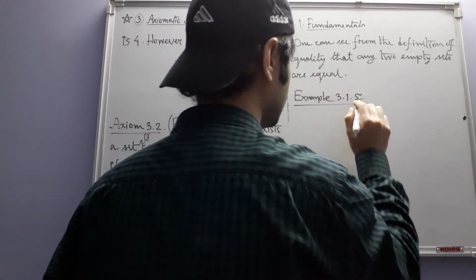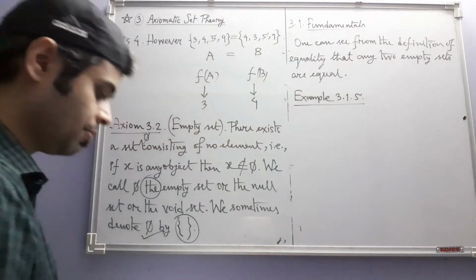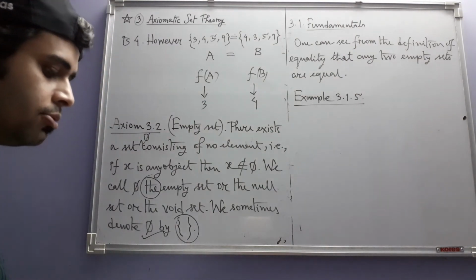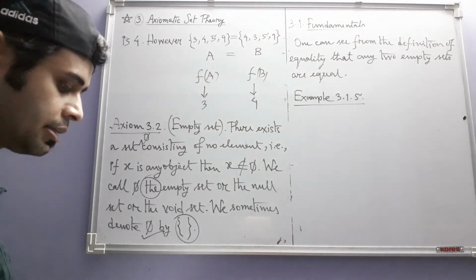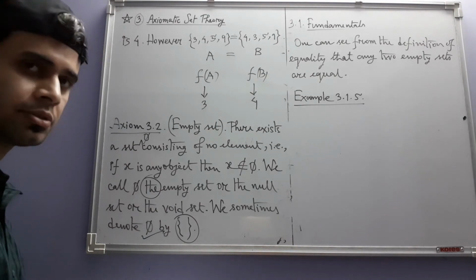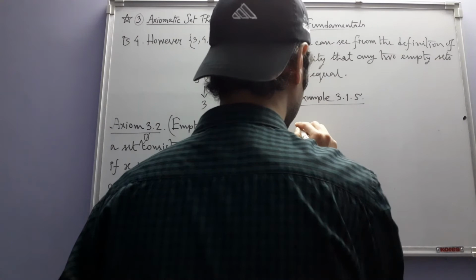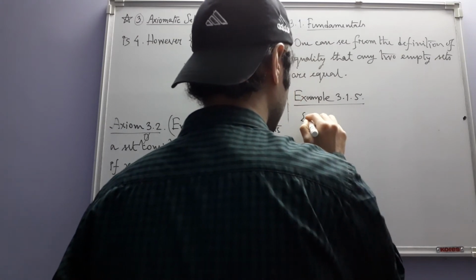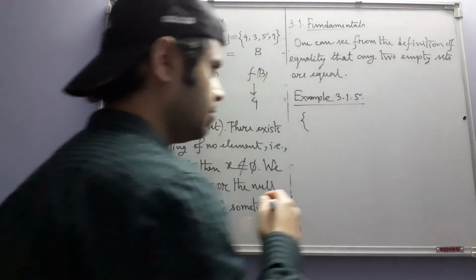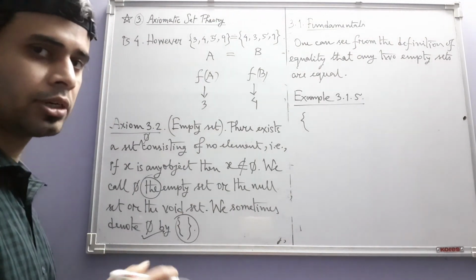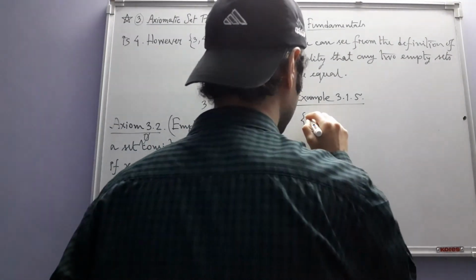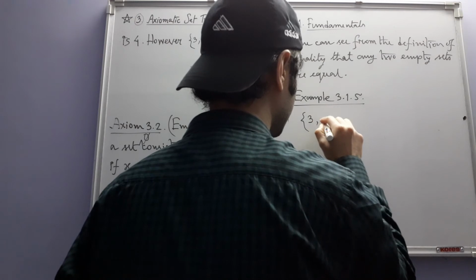Example 315. The content of this example is simple. It just shows two aspects of sets that we already know. One thing is that in a set, the order in which the elements appear does not matter. So order is irrelevant.